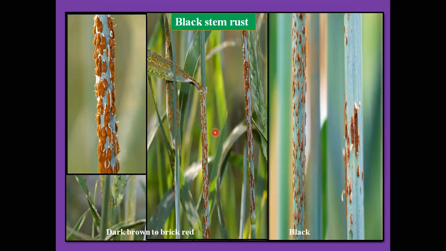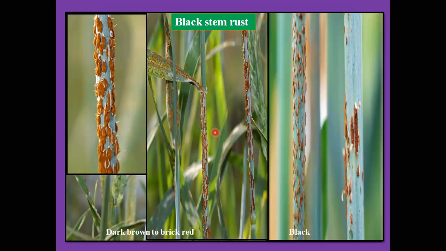Of these three types, in Maharashtra only brown rust and black stem rust are seen.